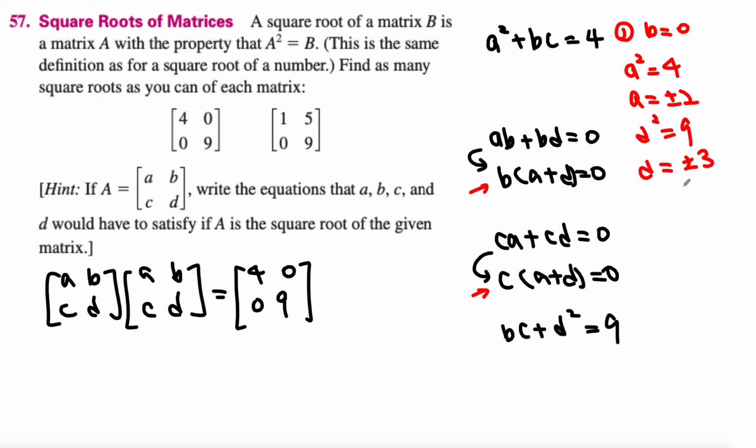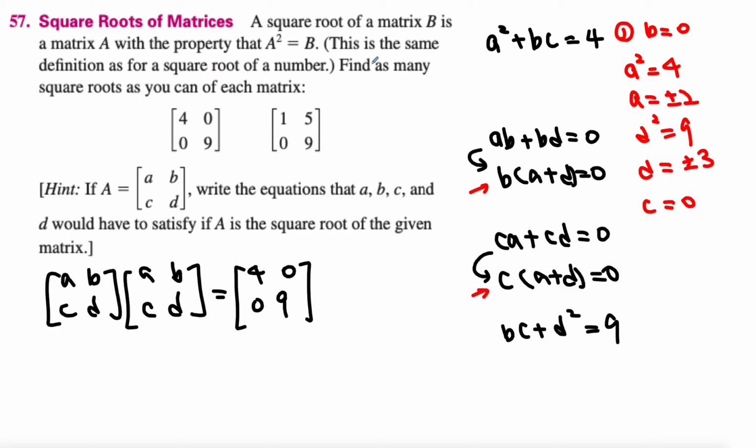Based upon these 2 cases, no matter how we add A and D, it will never be equal to 0. So that means C must be equal to 0 as well. And it works the other way around: if C is equal to 0, we can go backwards and B must also be equal to 0. So that's one option.